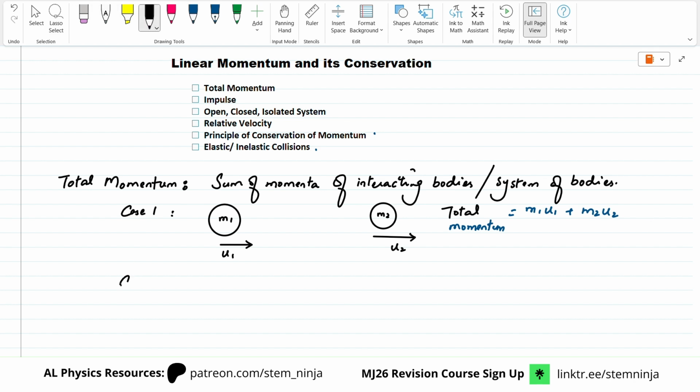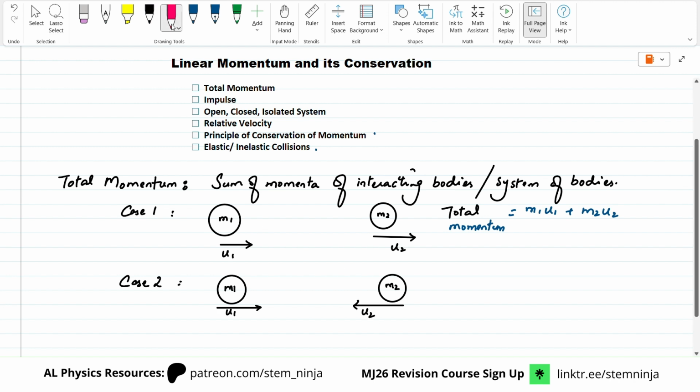What about when one of them is moving in an opposite direction? So for example, this is the same as before, U1 in this direction, but this one is moving towards it, U2. Now, just like before, we assign a positive direction.